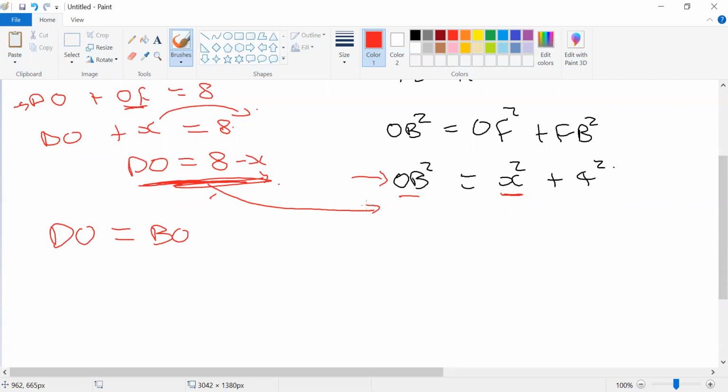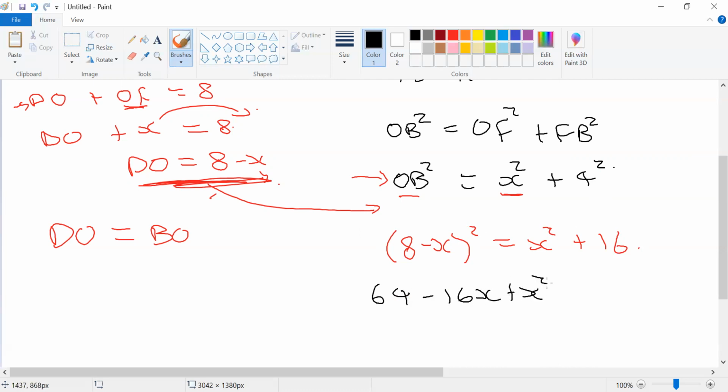And when I do that, I can just simply state that 8 minus X all squared is equal to X squared plus 4 squared, which is 16. And now if I want to start simplifying this, this is going to be 64 minus 16x plus x squared is equal to x squared plus 16.